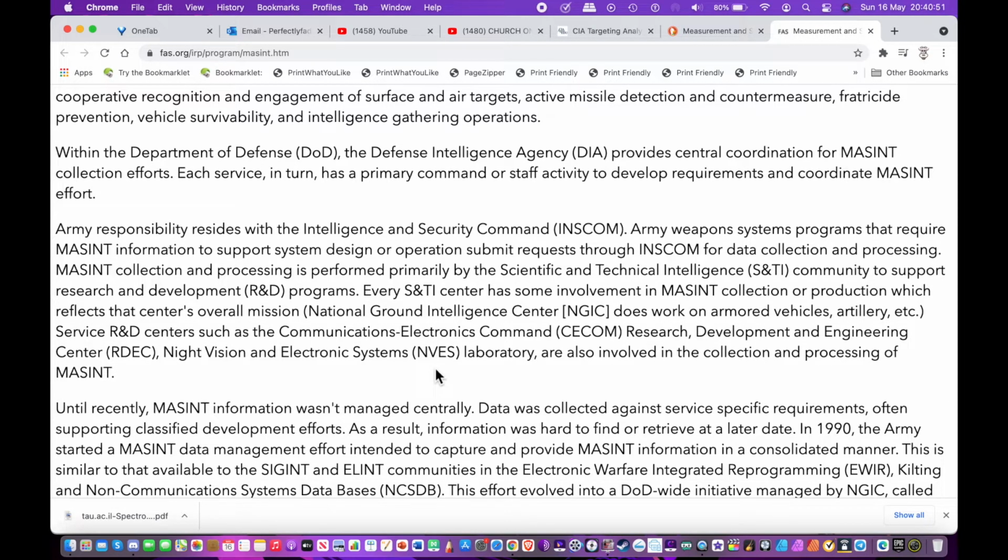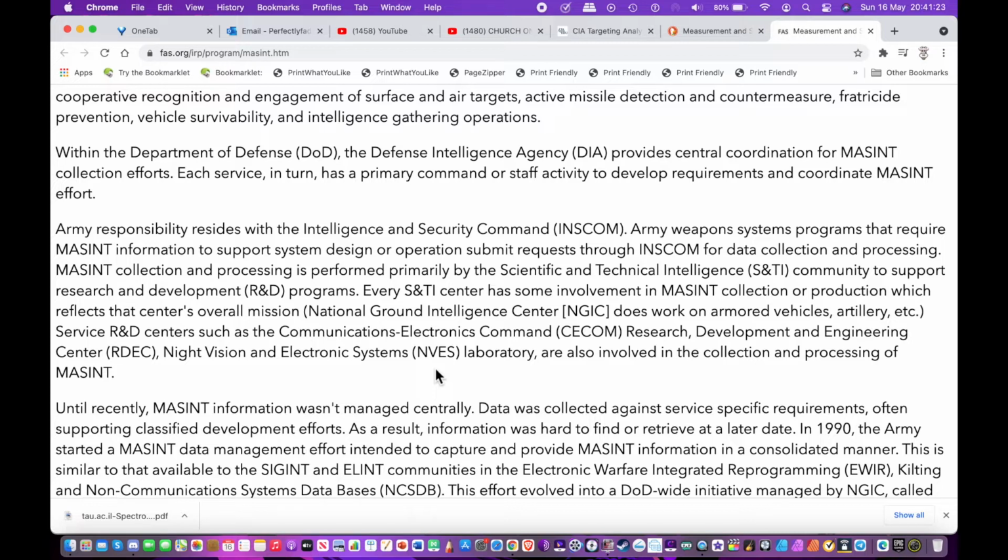Army responsibility resides with the Intelligence and Security Command, INSCOM. Army weapons systems programs that require MASINT information to support system design or operations submit requests through INSCOM for data collection and processing.